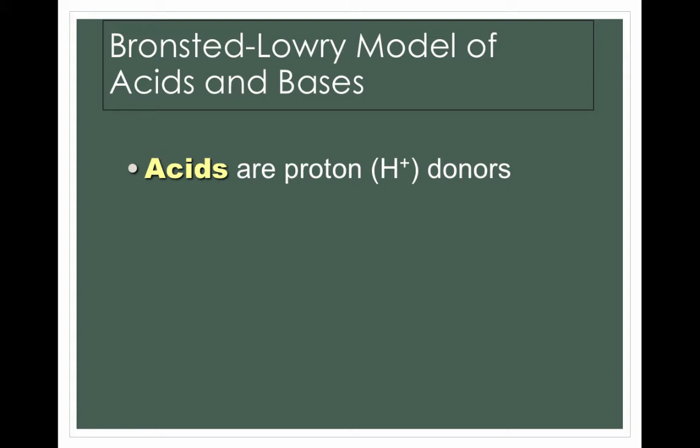And by proton donors, when hydrogen is an ion, it's basically just one proton, because it's donated its electron. So we call it a proton versus a hydrogen ion. Either way, it's fine. Acids donate their hydrogen ions.